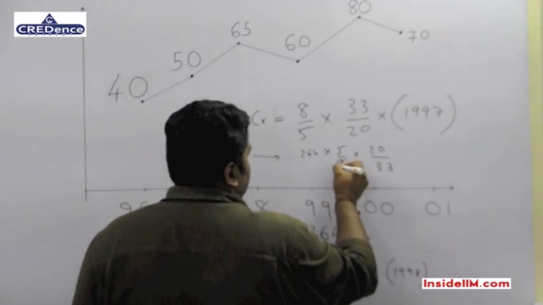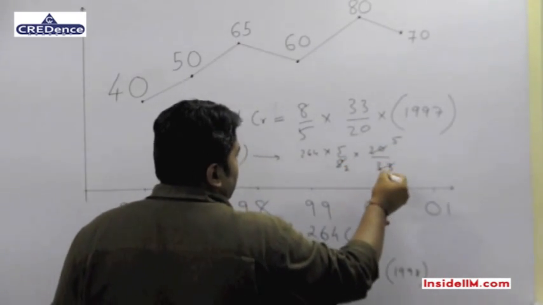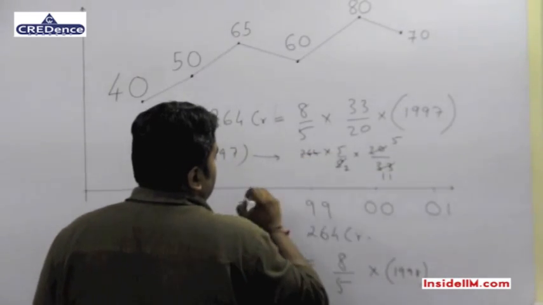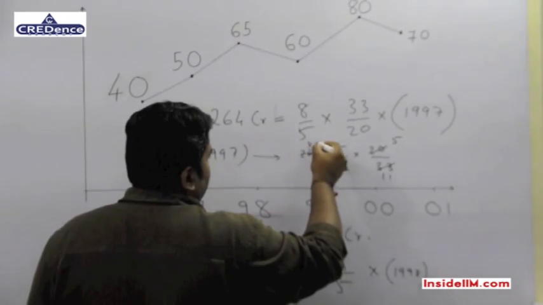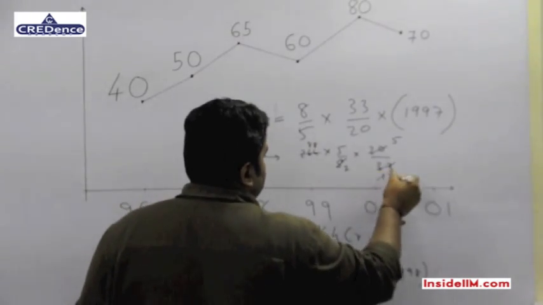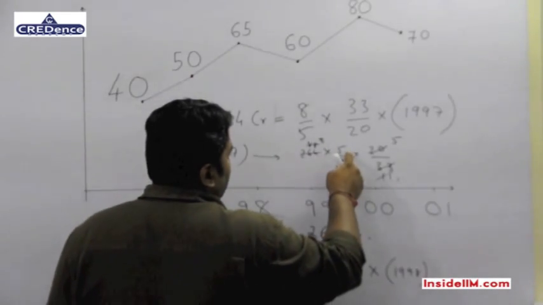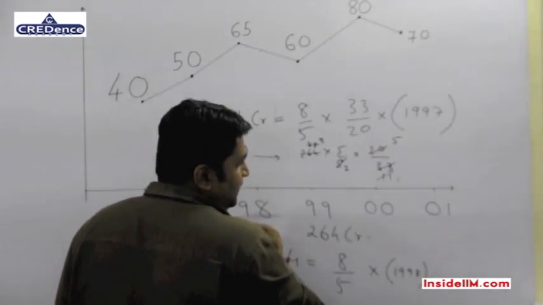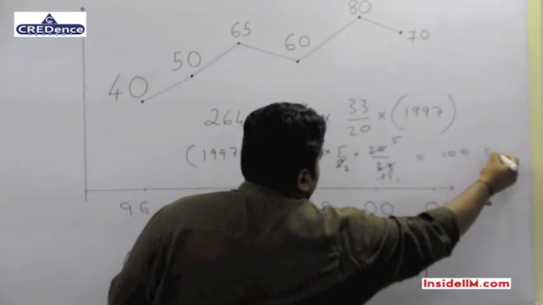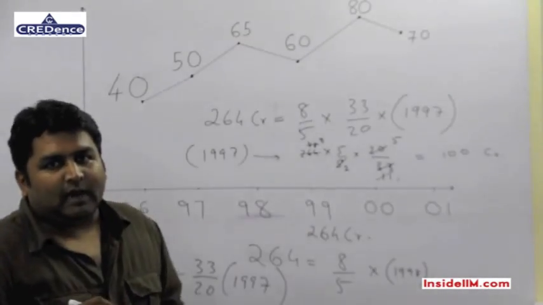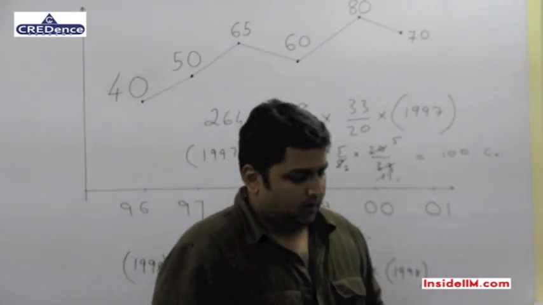And if you now cancel, 4 2s are 8, 4 5s are 20, you get 11 3s are 33, and 88 is 11 into 8, and that gives you 8 into 5 upon 2. So that's 8 into 25 upon 2, which gives you 100 crore. So the value for 1997 in terms of number of gadgets sold is 100 crore.